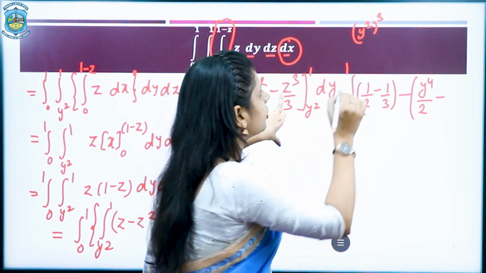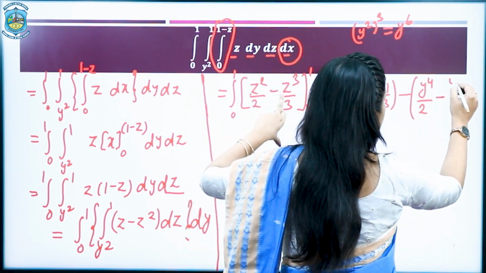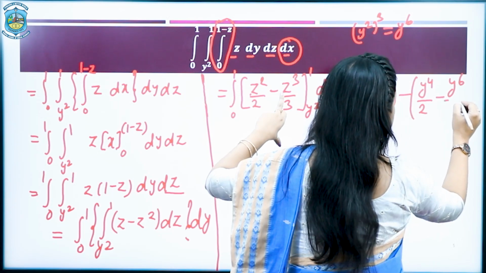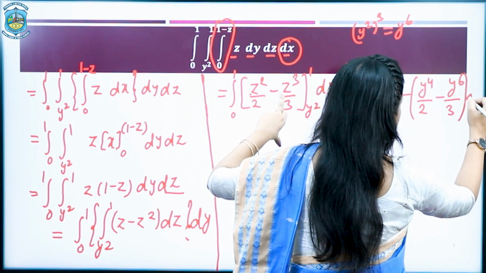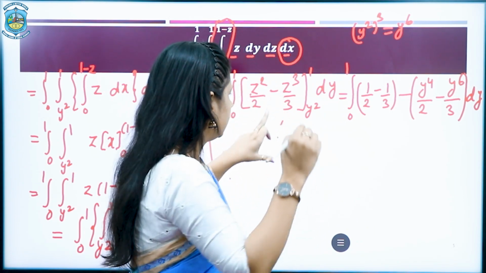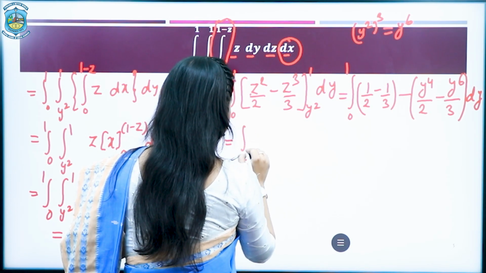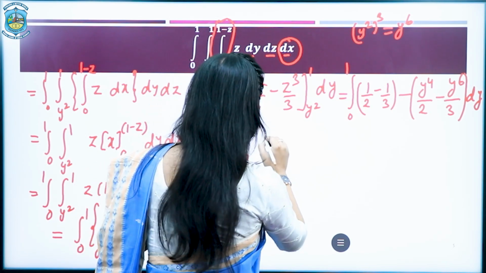We will use the theory of indices, this term is y to the power 6. So here we will get y to the power 6 upon 3, and the integration is with respect to y. Now we will simplify this term. So this integral 0 to 1 as it is.